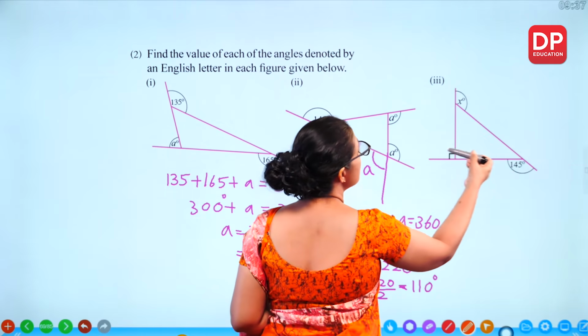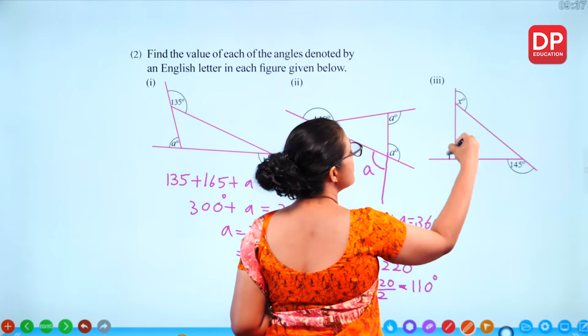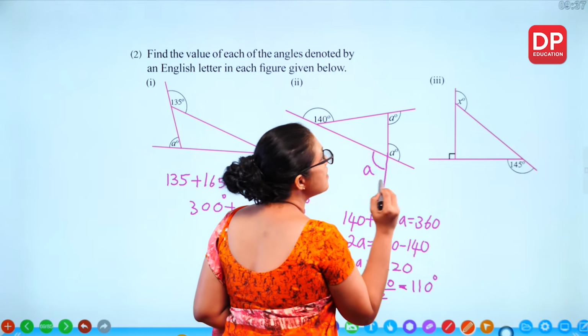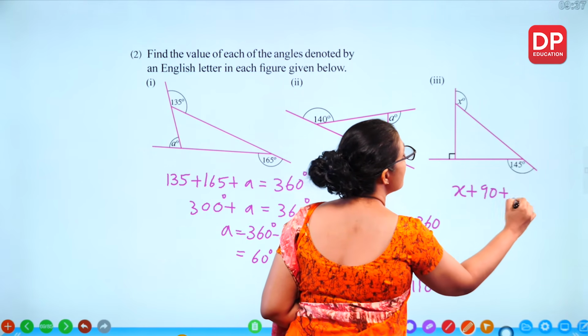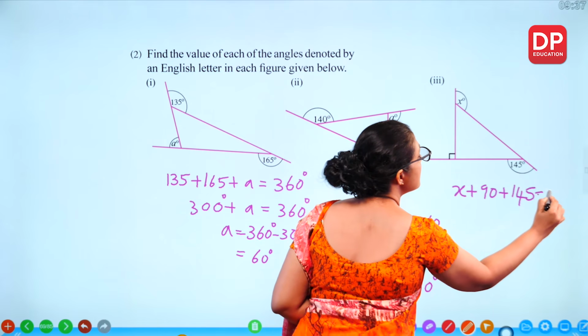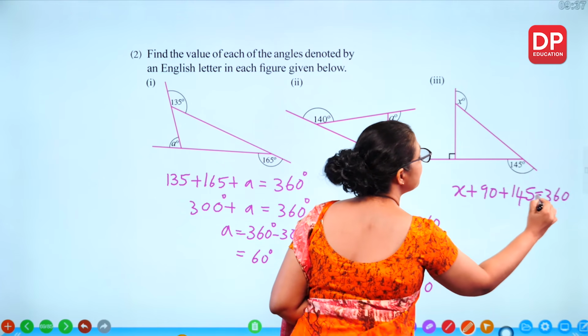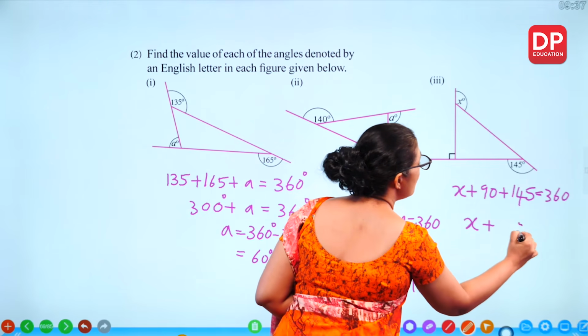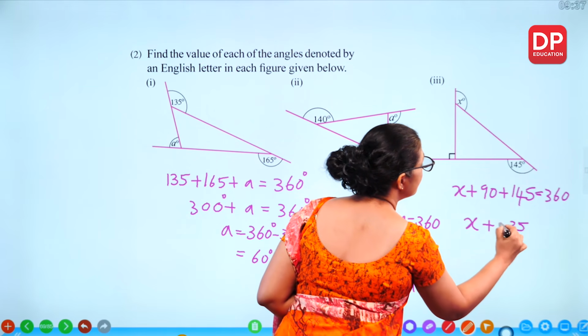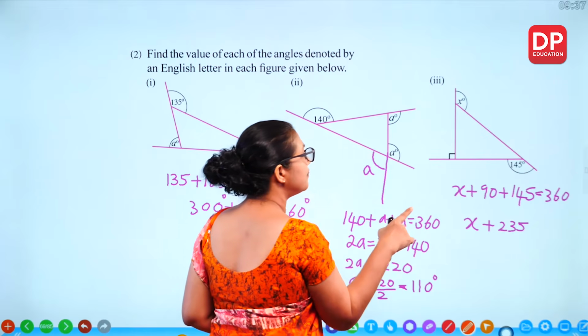When you extend the lines, you get these three exterior angles. So you can write x plus 90 plus 145 is 360. These two, you get 235.